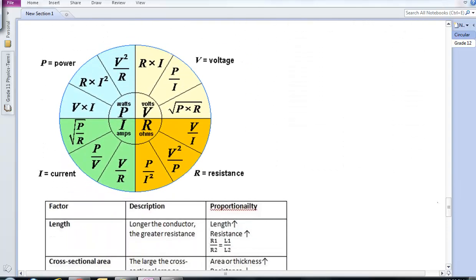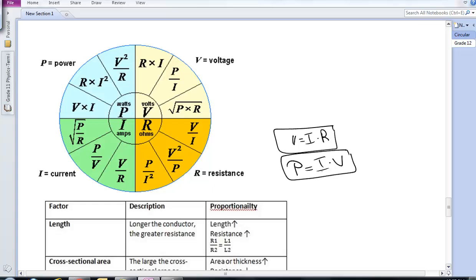This is a very useful diagram, but we're not using all of the included formulas, because in the electricity part we used V equal to I times R, and we used the power, which is equal to I times V. Sometimes I give you the I and the power, and I will ask you to find the resistance.